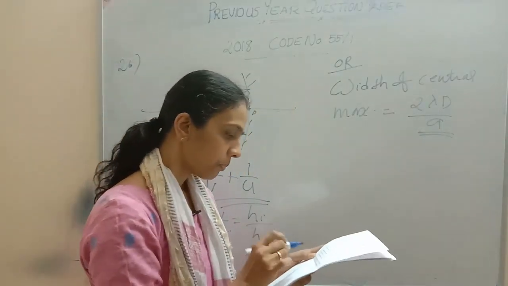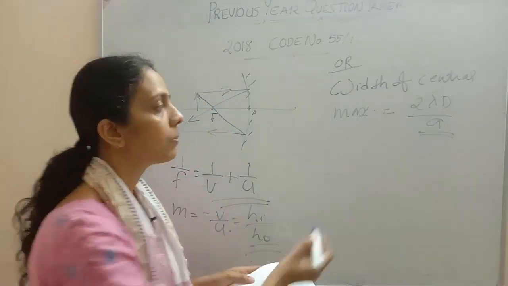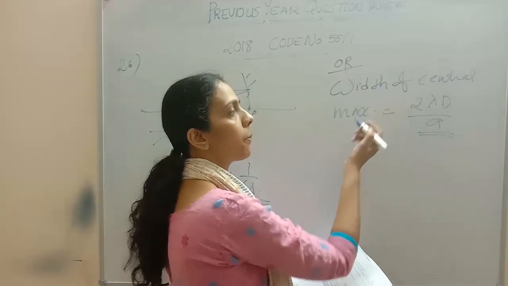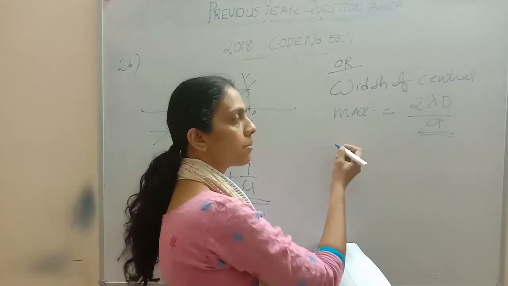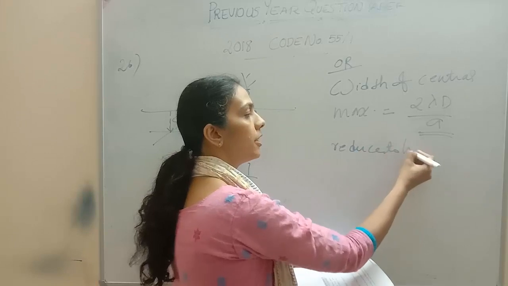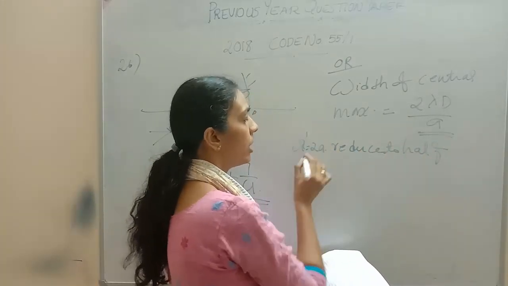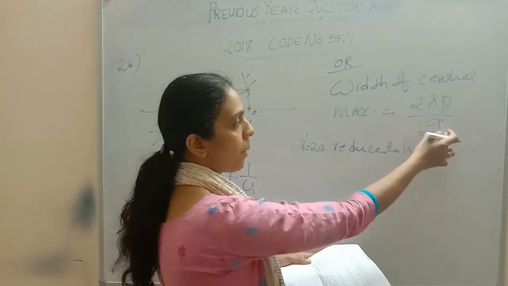So lambda is the wavelength of light which is used and a is the width of the slit. Okay, if the width of the slit is doubled, what will happen? The width of the central maximum will reduce to half. If a dash equals 2a, what will happen?